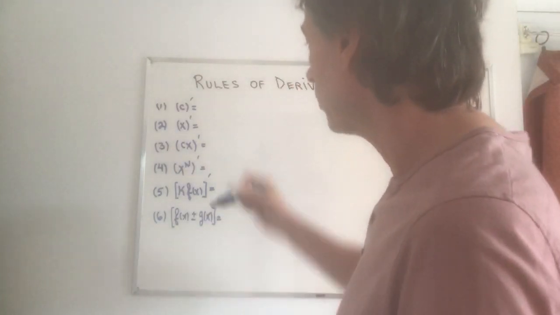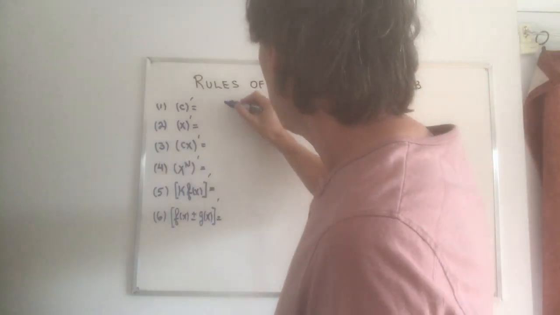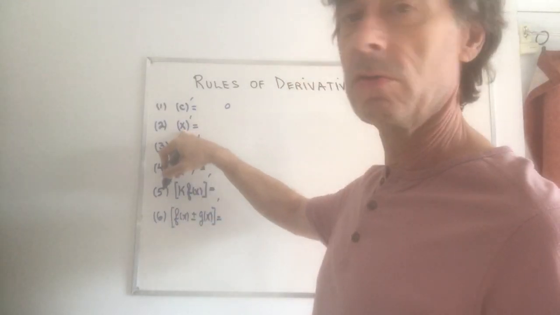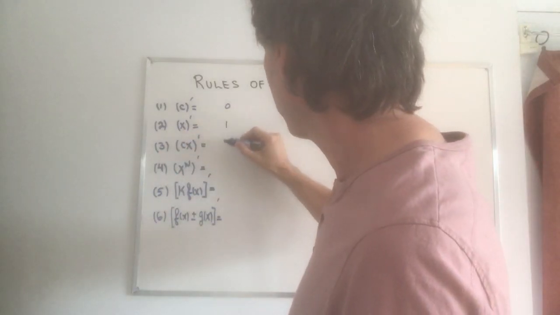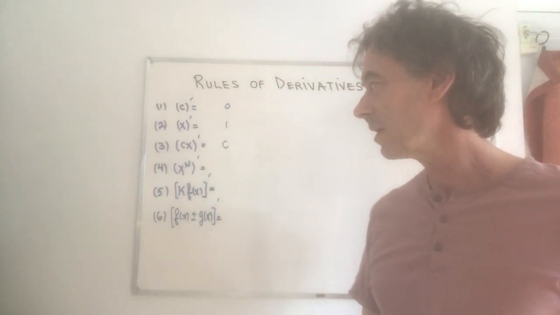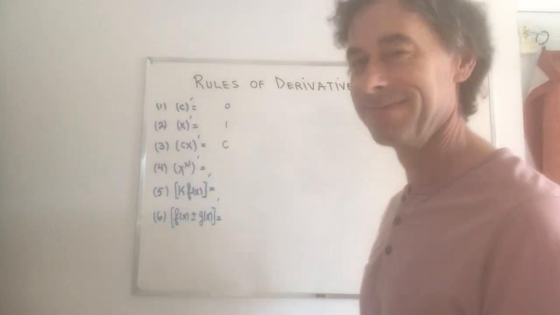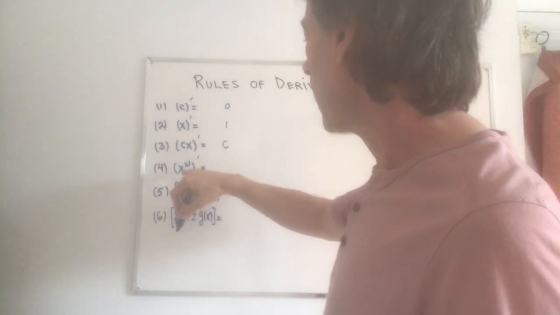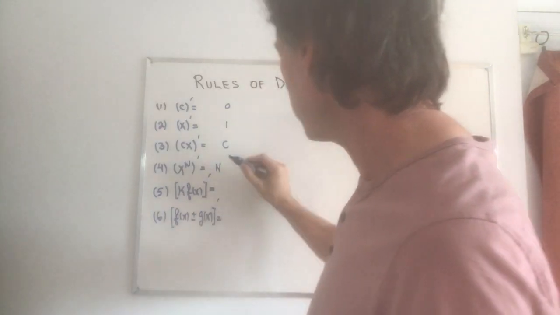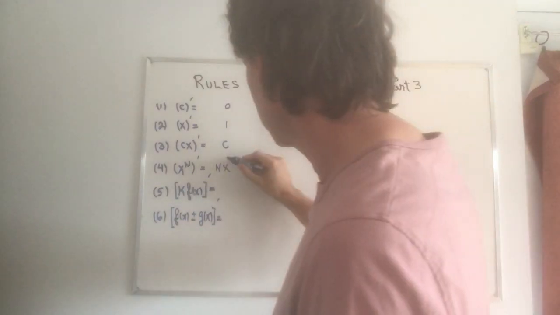So what are those? The derivative of a constant, if you remember, is 0. The derivative of x alone is 1. And the derivative of c times x is just c. X to the n, the derivative is, we bring the exponent in front, we rewrite the x, and we subtract 1.